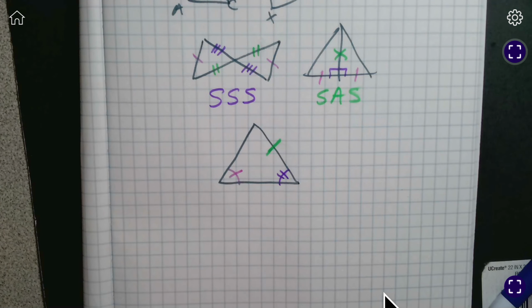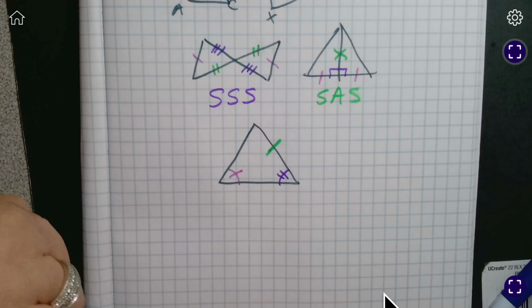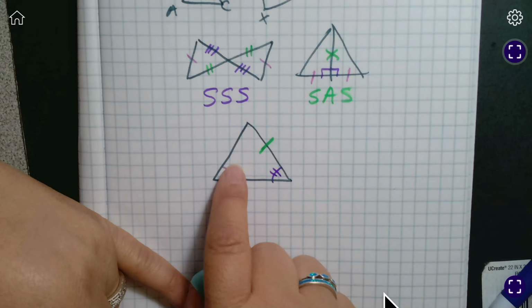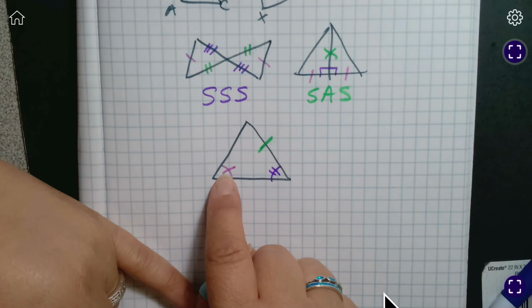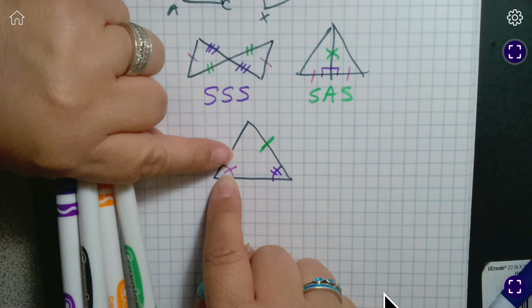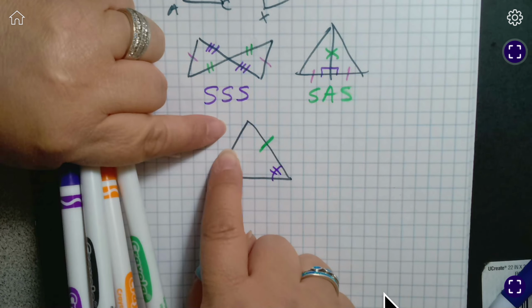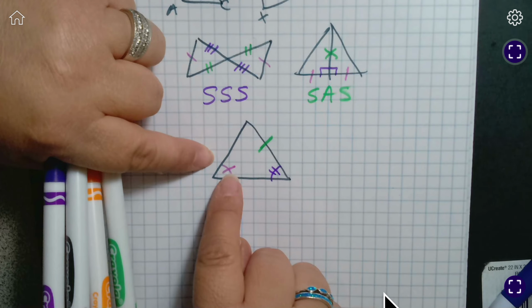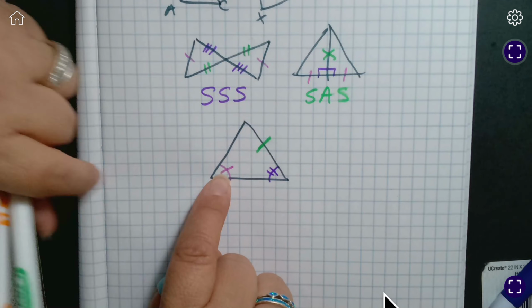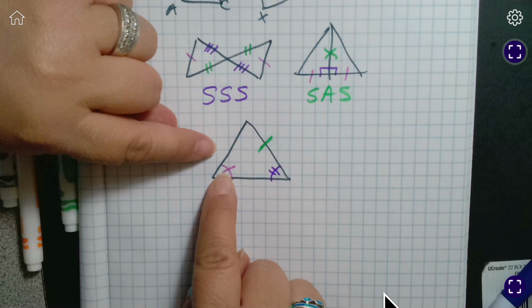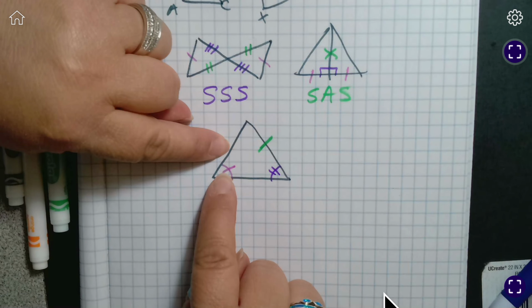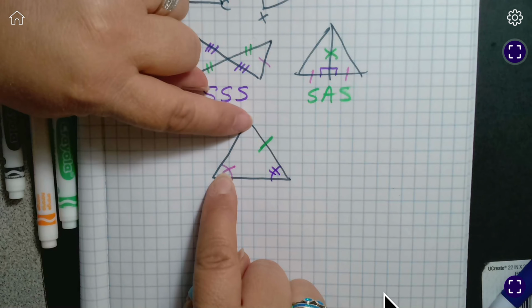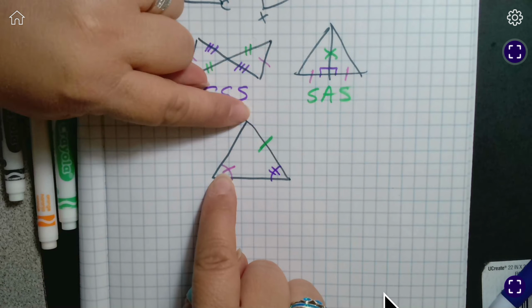Okay, so when I'm looking at this, no matter where I start, see here, if I start here, I cannot go and say this angle or this side, because from this angle, I have to go to this side here or to this angle here.